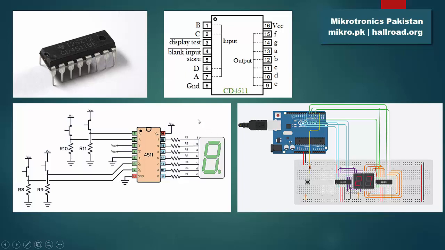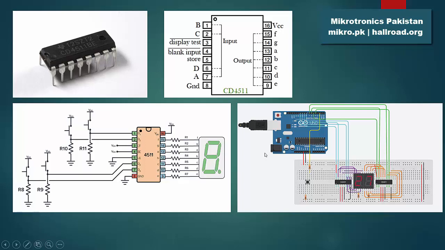Then you can use microcontrollers to control these driver ICs and to display the numbers. So from the microcontroller you supply the BCD codes to these ICs, and then these ICs display the seven segment display.